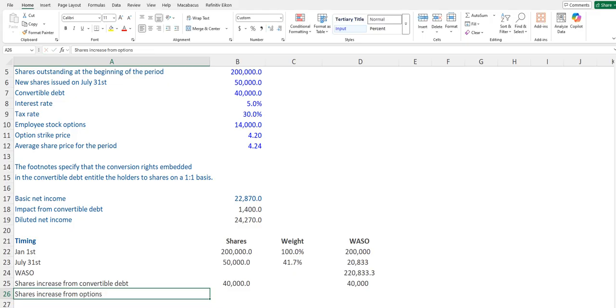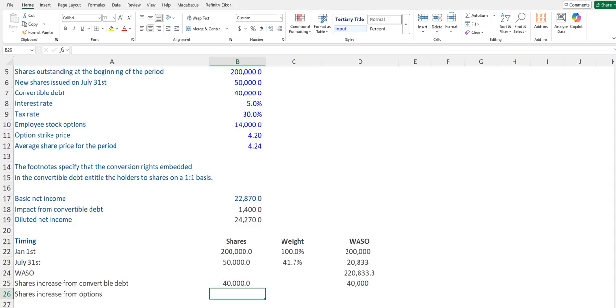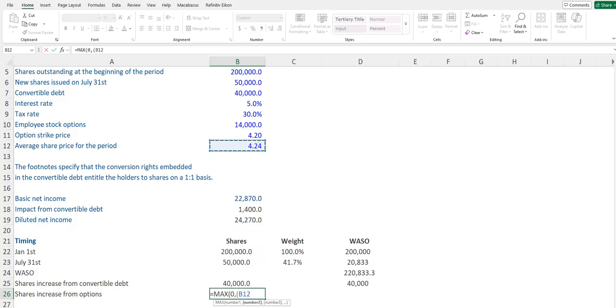And also we want to calculate the shares increase from options, if the option is in the money and the employees want to exercise the option. We use the formula on Excel. We use equals MAX, and then we type 0, and then we select the current share price, or here it's the average share price for the period.